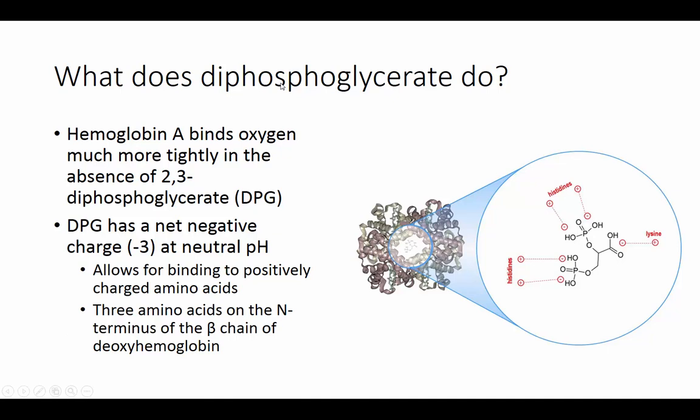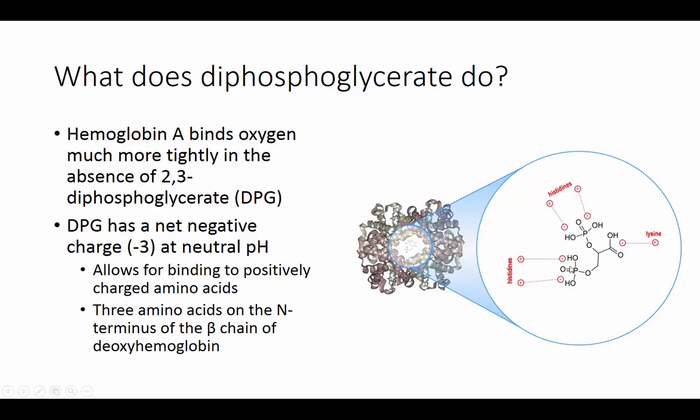So what is diphosphoglycerate doing? Hemoglobin A will bind oxygen much more tightly in the absence of diphosphoglycerate, or we'll call it DPG. So if there's no DPG around, hemoglobin will bind oxygen much more tightly. And you can see here the chemical structure of DPG.